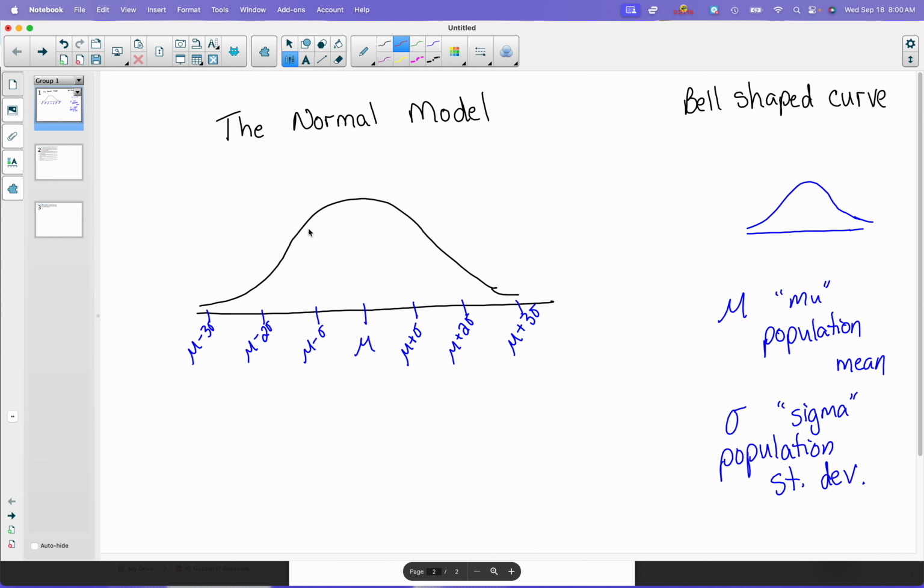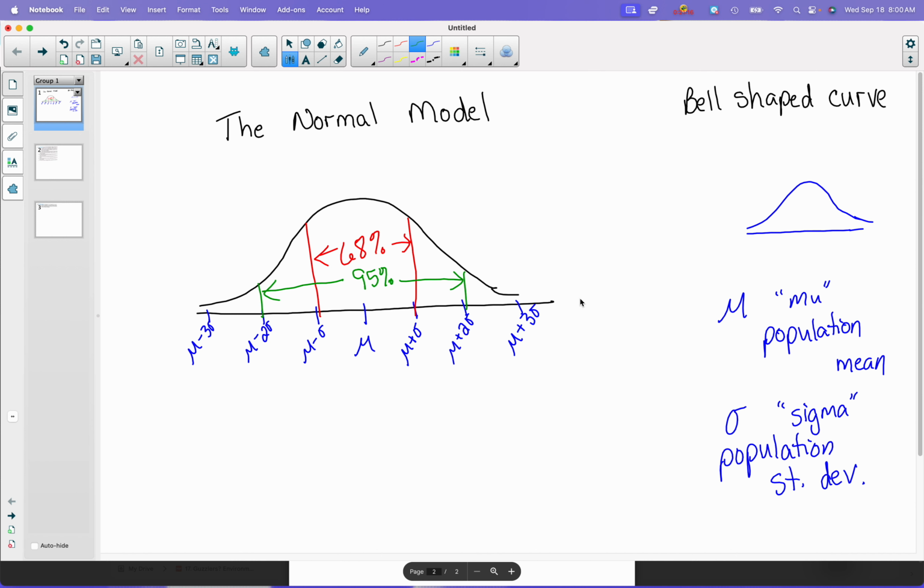Now, when you go out just 1 standard deviation either direction, you're going to capture about 68% of the data. If you go out 2 standard deviations, you're going to capture about 95% of the data.